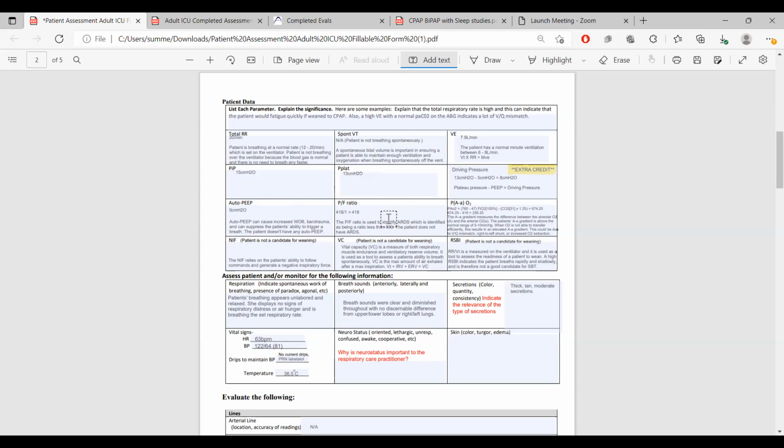I'm impressed. And the plateau pressure, hers was 13, which is a good plateau pressure. And that is good because the difference between the peak and the plateau pressure, the greater the difference, the more resistance.